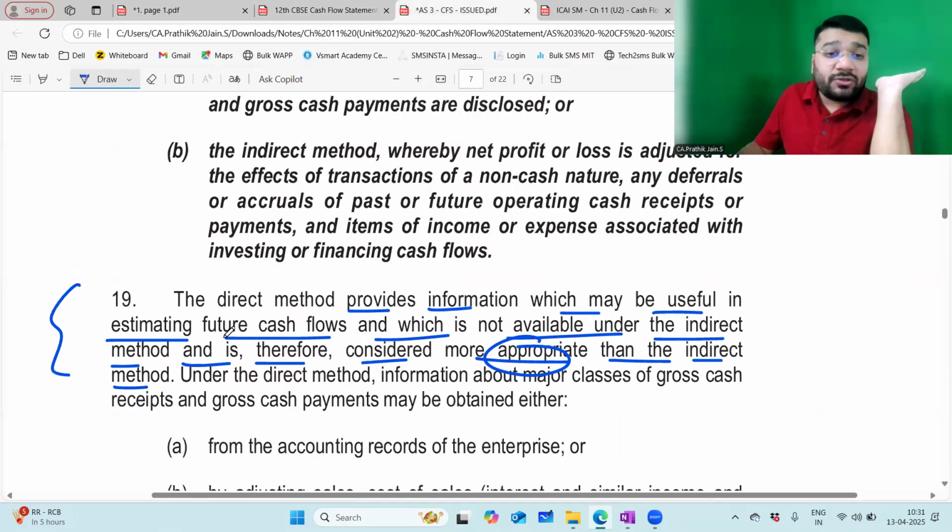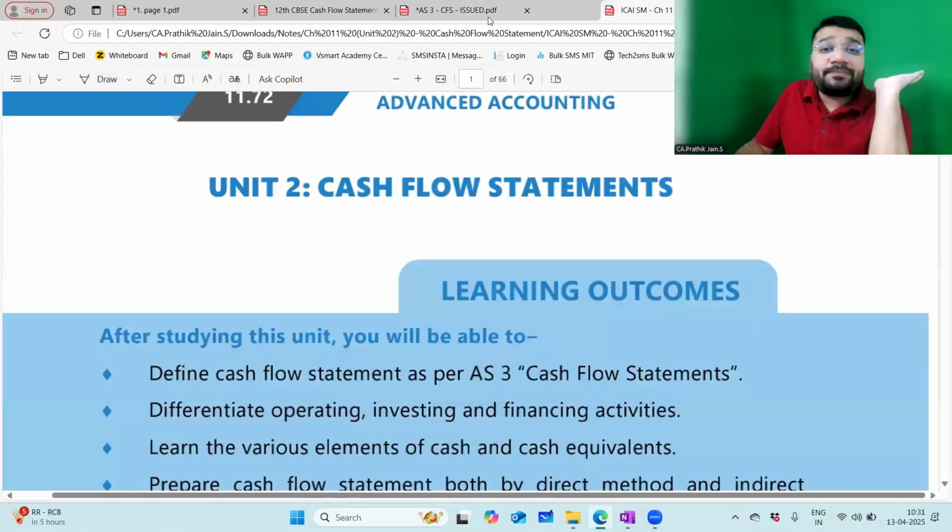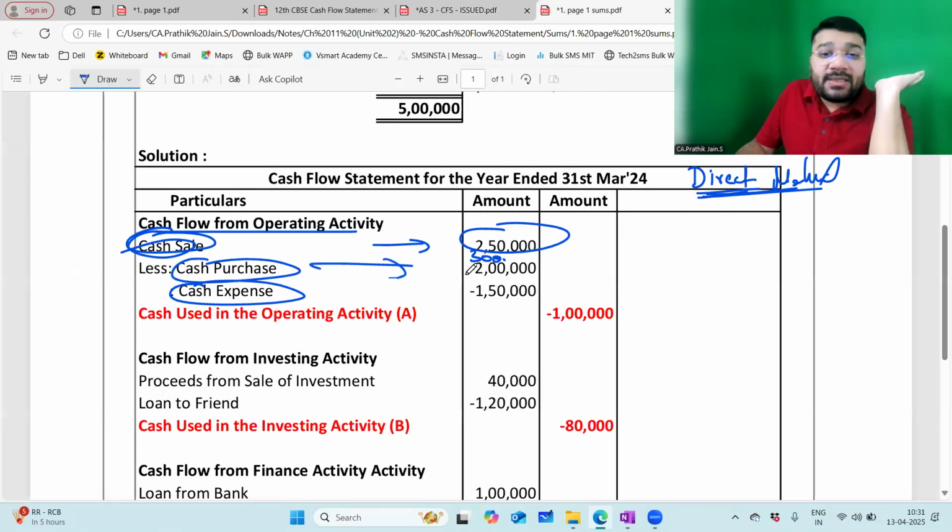If you look at the language, the direct method provides information which may be useful in estimating future cash flows. For example, cash sale this time is 2,50,000 rupees. Now you would have kept a target. This year we wanted the cash flow to be 4 lakh rupees, but you got only 250, which means you can work harder on this segment to generate more cash sales.